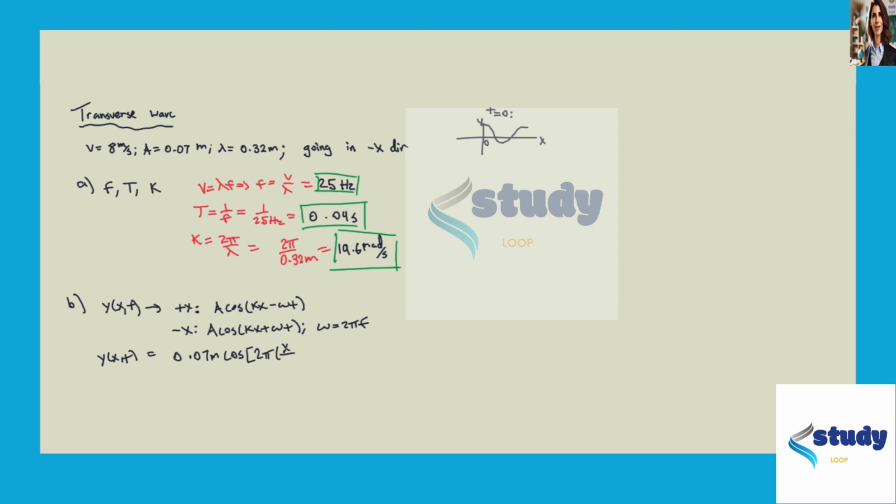So x divided by 0.32 meters minus the frequency, 25 hertz, times t. And we're going to simplify this with numerical values.